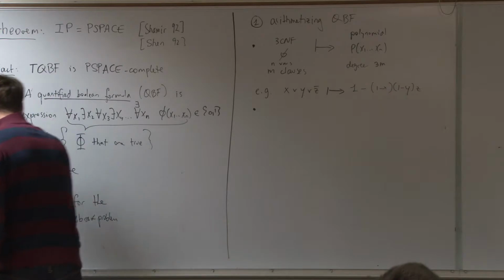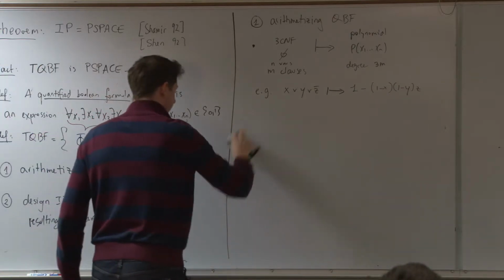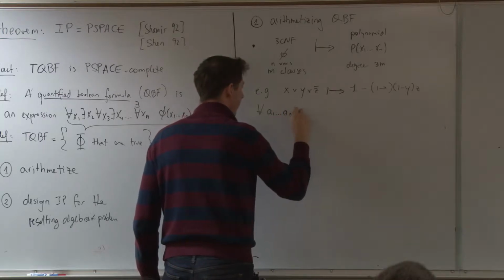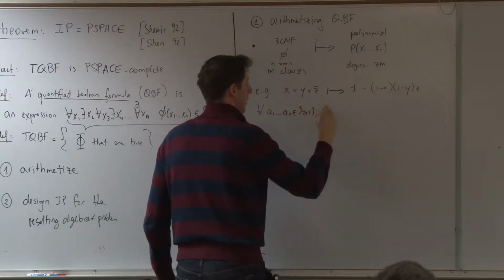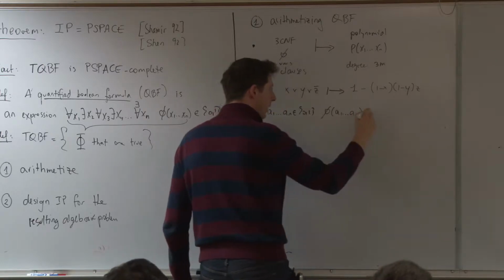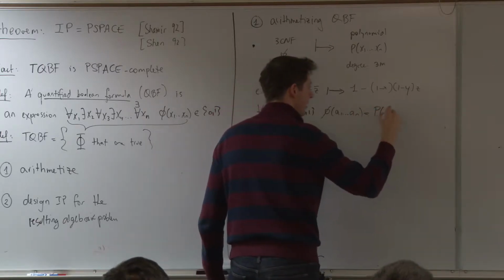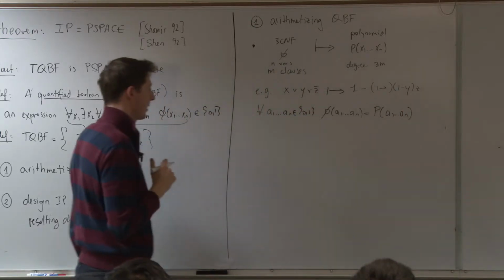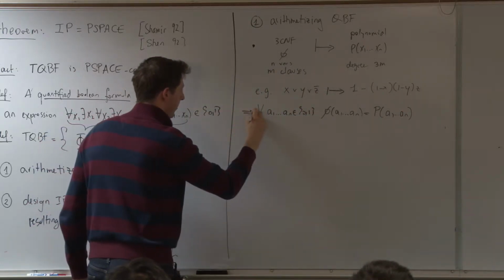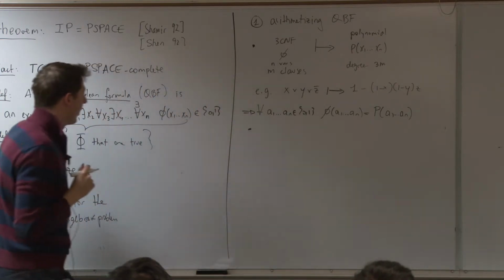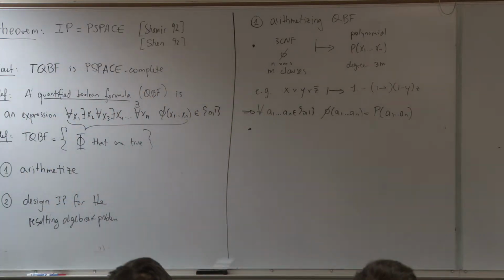And also maybe let me write the main property of the arithmetization: for every a1 through an in {0,1}, it holds that phi evaluated at that point equals p evaluated at that point. Okay, so that's what happens when we make this mapping. So now for the quantifiers, what should we do?